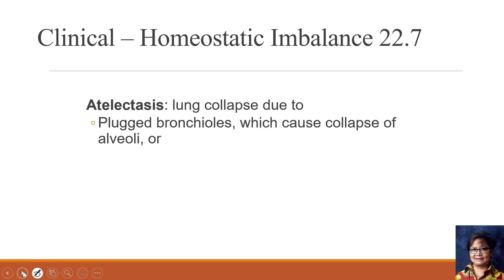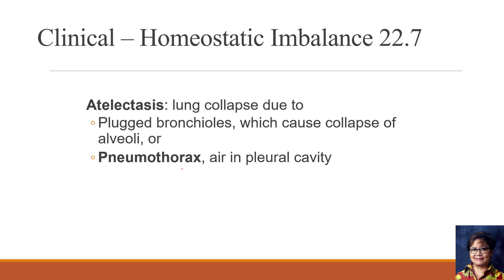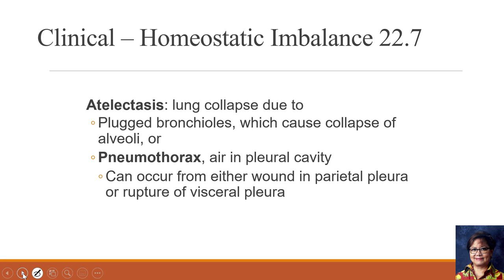Therefore, you are losing the negative pressure, and the lungs will collapse. With atelectasis, the reason for the collapse is plugged bronchioles, or pneumothorax. Pneumothorax is also a collapse of the lungs because of air in the pleural cavity, just like what we discussed in the previous slide.